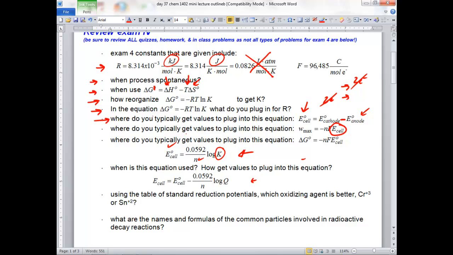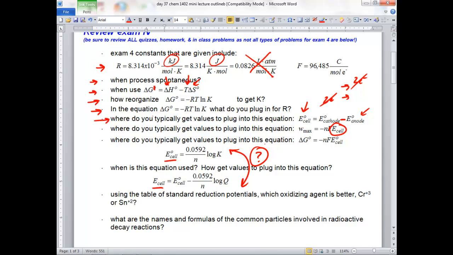Okay. Now, what is the difference? Look at this E cell stuff. It's all over the place. E cell, it's here. It's here. What is the difference between those two? Matt, what's the difference between those two? Well, the top one, you're looking for the equilibrium constant.